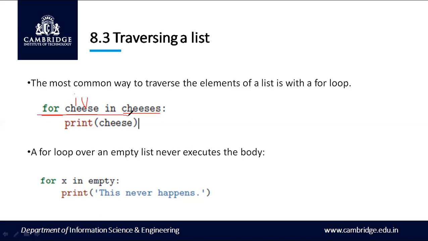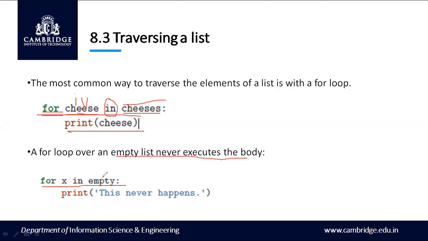The meaning of this statement is: the for keyword, and this cheese is the iteration variable. This iteration variable traverses the list called cheeses, and it prints each and every cheese item in the list. A for loop over an empty list never executes the body. Here you can see for x in empty.